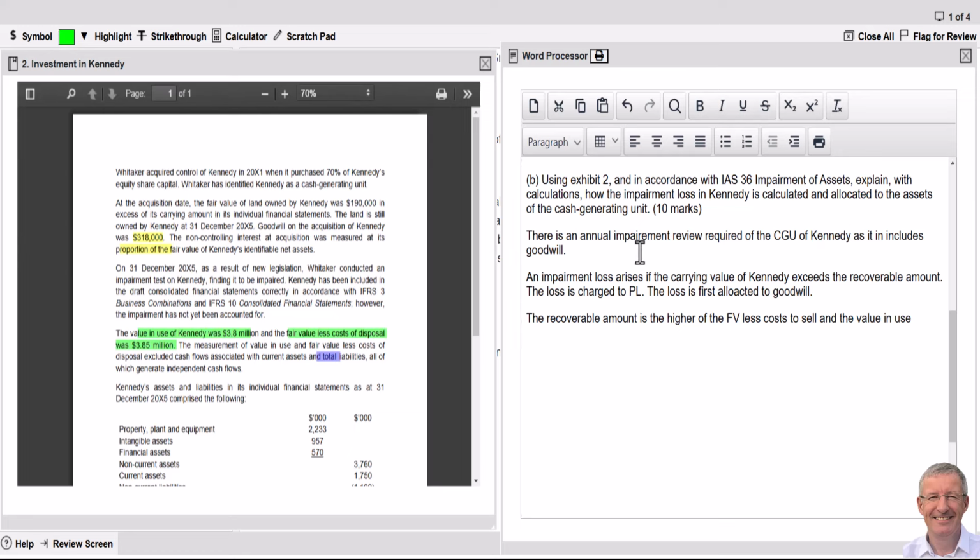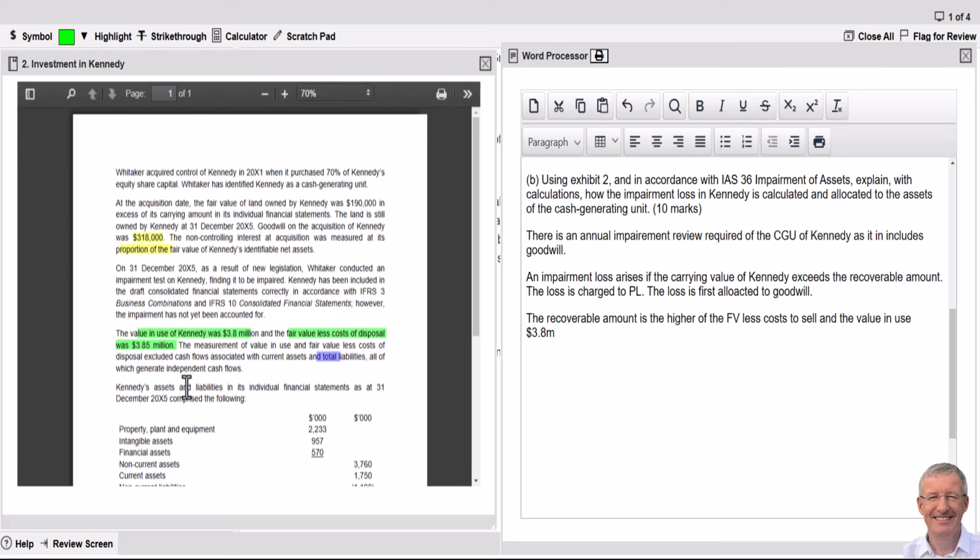So we're saying there's an annual impairment review. We're saying that the loss is first going to be allocated to the goodwill. And we're telling the recoverable amount is the higher of the fair value less cost to sell and the value in use. Now we've got those numbers. So the value in use is 3.8 million.